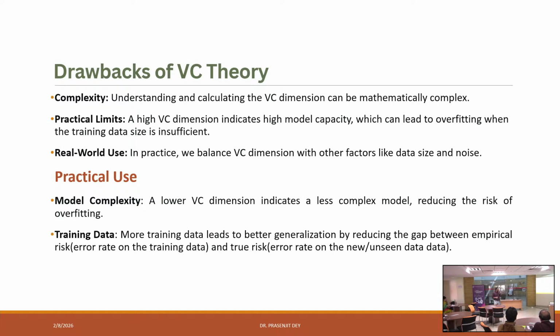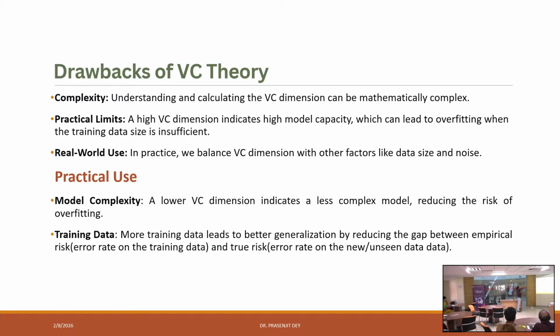So what is the drawback? The drawback of VC dimension is that it makes the decision boundary very complex, which may be good or best for the classification of that set of data, but real world data may not represent all possibilities. So we should not be so strict.